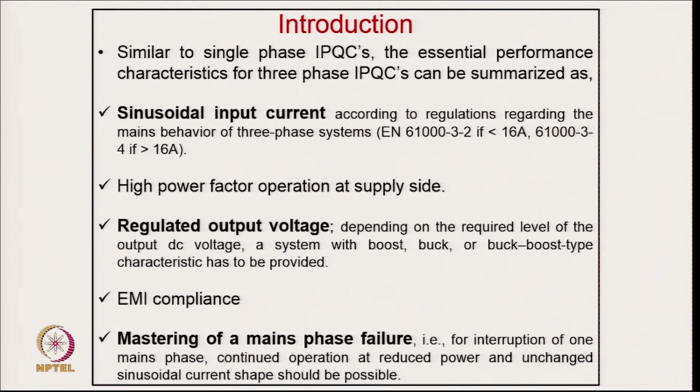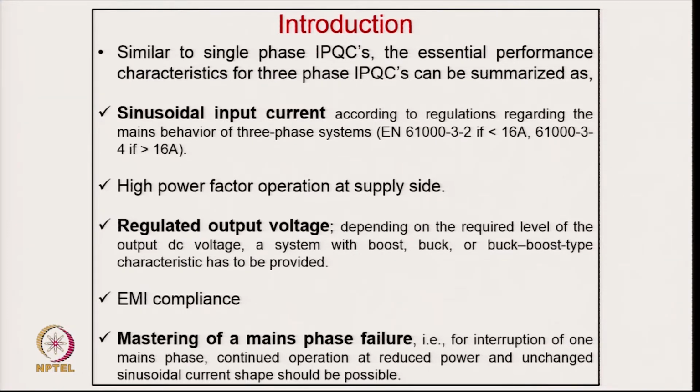Similar to single phase improved power quality converters, the essential performance characteristics of 3-phase improved power quality converters are summarized as follows: sinusoidal supply input current according to the various regulations regarding the mains behavior of 3-phase systems, EN 61000-3-2 typically for less than 16 ampere and 61000-3-12 for more than 16 ampere, and high power factor operation at the AC mains.